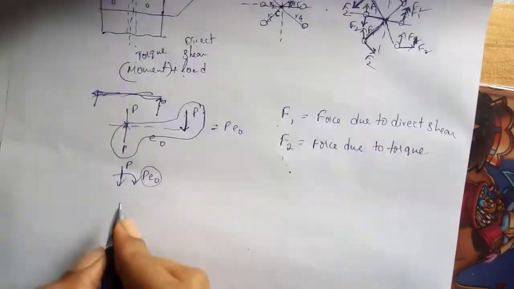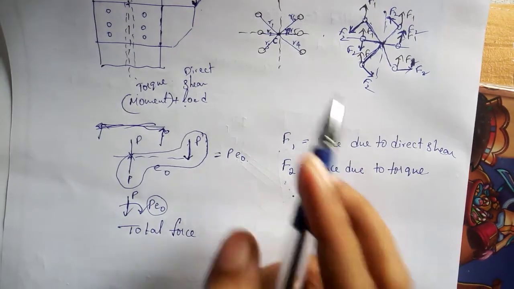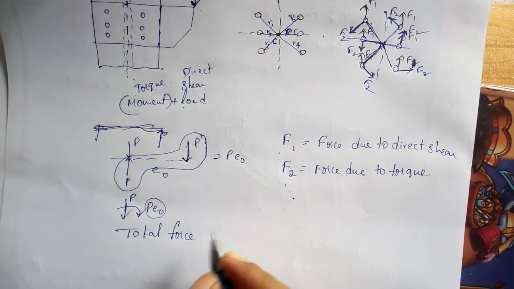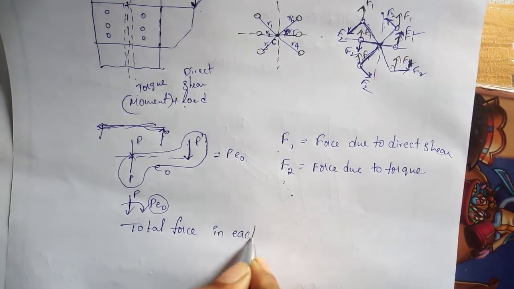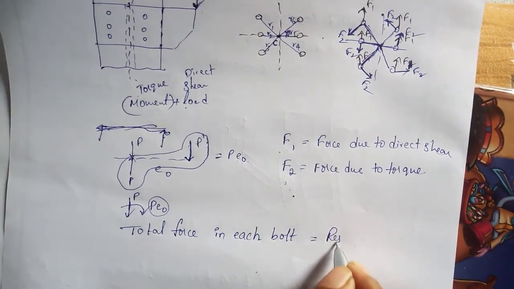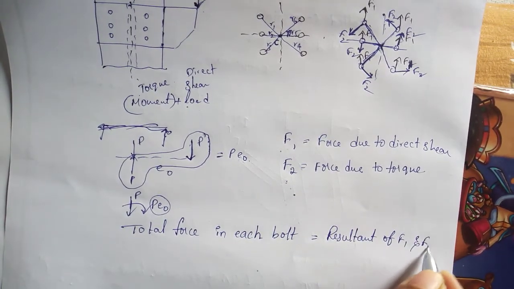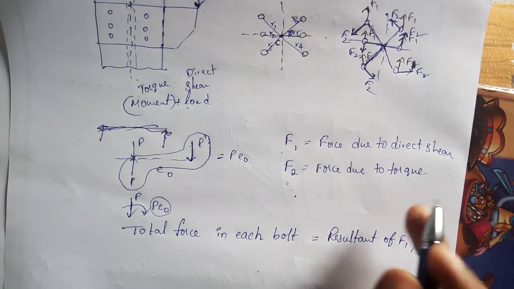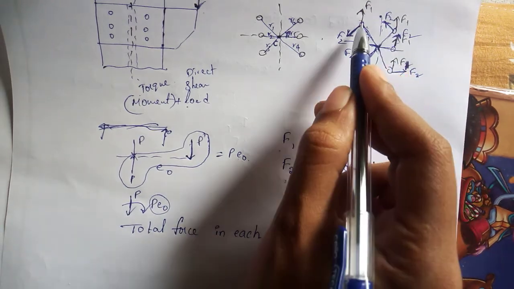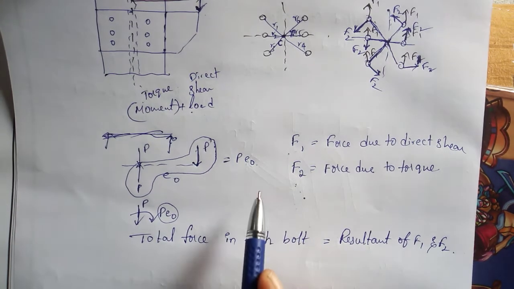So now, if you want to calculate the total force in each bolt of this joint, simply calculate the resultant of F1 and F2. That will give you the total force for each bolt. So how much bolt strength you need to provide, you will understand based on these F1 and F2 values only.